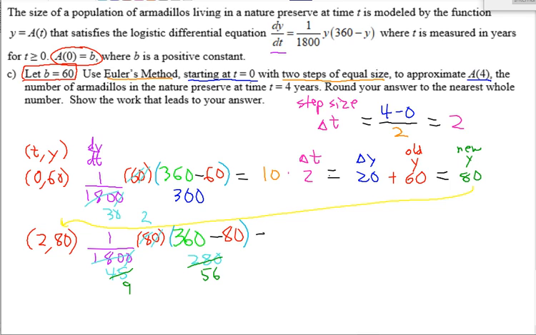So you go to 2 times 56 is 112 over 9, times the step size of 2. 2 doesn't reduce into the 9 either. So this time our change in y is 224 over 9, plus the old y coordinate, which was 80, and if you multiply by 9 is 720 over 9.